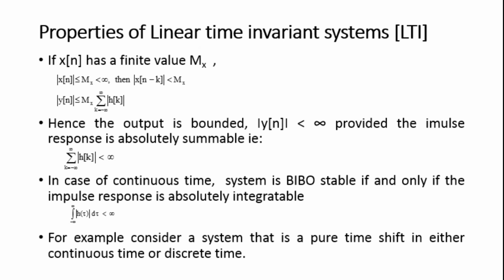Hence, the output is bounded. |y[n]| is less than infinity provided the impulse response is absolutely summable. That is, the summation k equals minus infinity to infinity |h[k]| is less than infinity.